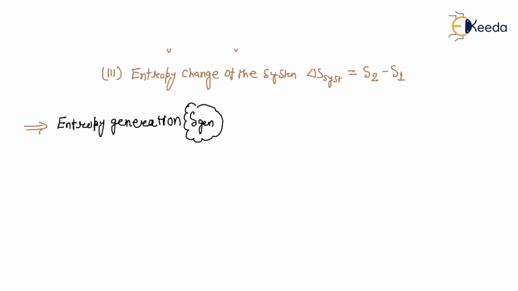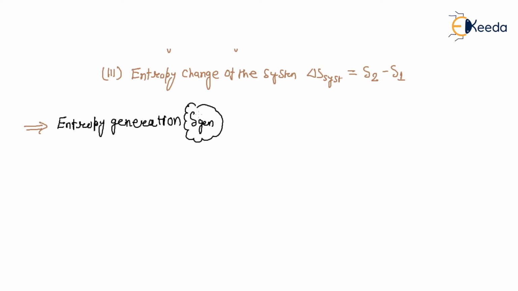And how much entropy will increase due to such type of effect will be measured by the entropy generation. So this is the measurable parameter. Entropy generation is the measurable parameter. So why will the entropy generation come into the picture? Because we measure the entropy change of the system, and the entropy change of the system due to irreversibility is caused by friction, unrestrained expansion, mixing of gases, chemical reaction, heat transfer through a finite temperature difference, right?